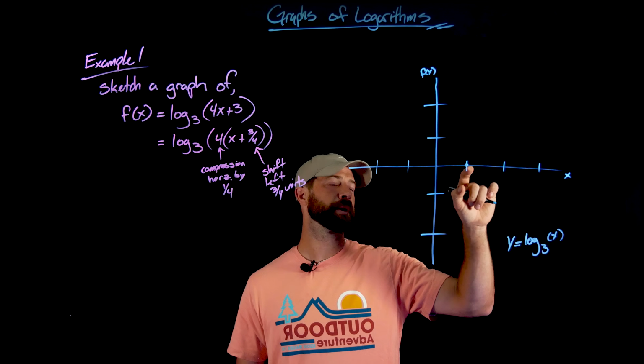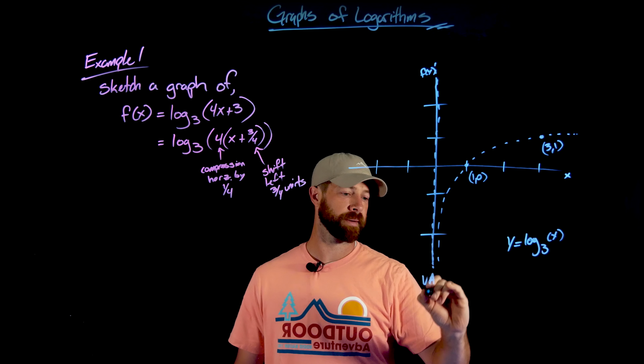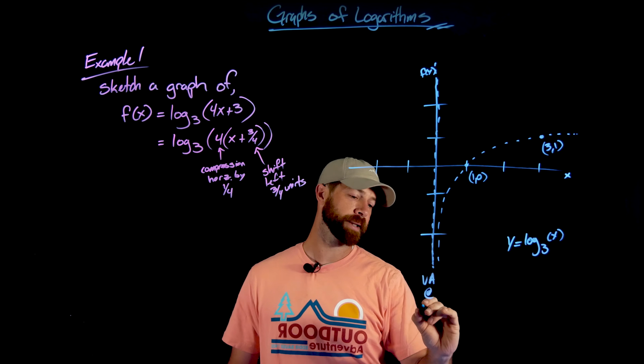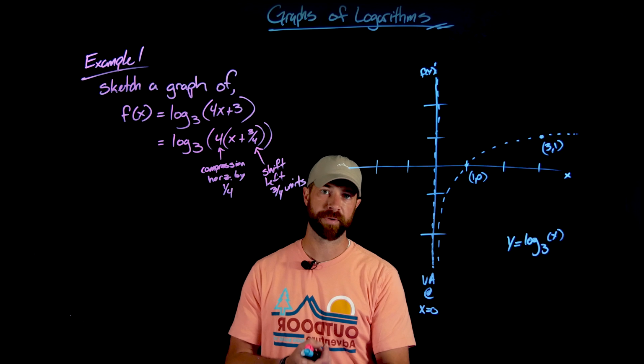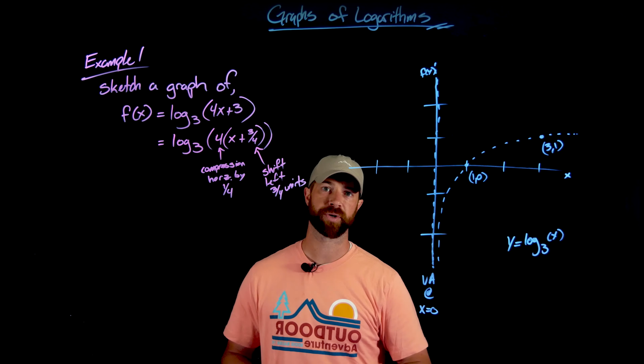This function, before it's transformed, will look like this, and it also has this vertical asymptote at x equals 0. You absolutely don't have to graph this base function, but it always helps me not make mistakes when I start with my points. I'm going to use these 3 things, the vertical asymptote and these 2 points, as a basis for the transformations.